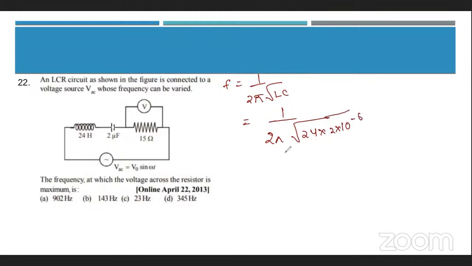If you solve this, it gives you a value of something around 23 hertz. So the formula is important. If you don't know the formula, the substitution part will be very difficult.